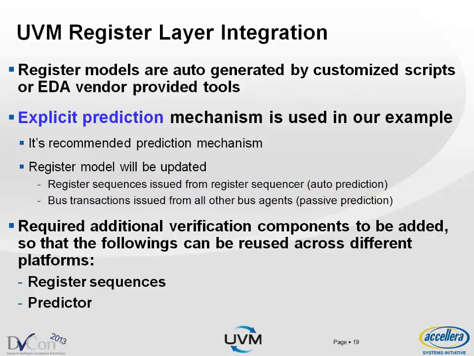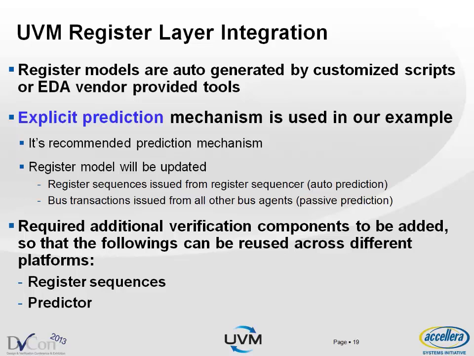Another prediction method is called passive prediction, which means we drop a bus monitor in the testbench and monitor the bus transactions. Whenever a transaction happens that meets the protocol requirement, we generate a transaction object and present it to a predictor. That predictor will update the register model.